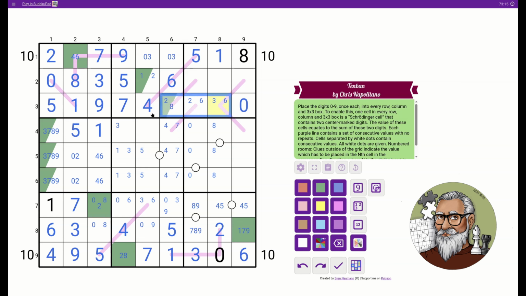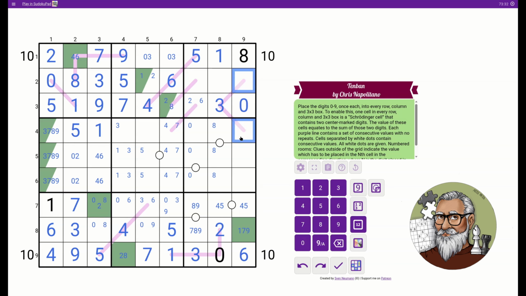Oh, I definitely need a 3. That's silly. It's definitely a 3 value. Okay. Which works perfectly with this one, can't be a 2.